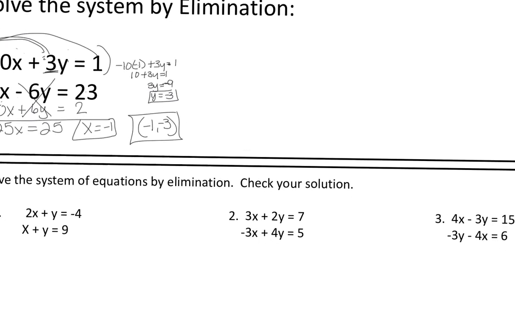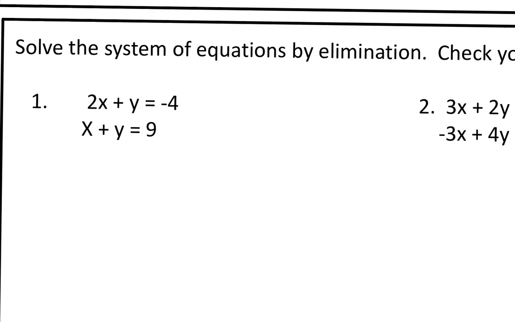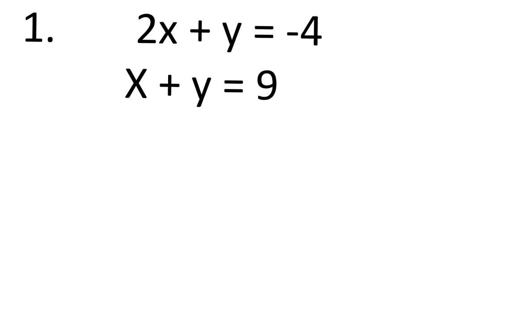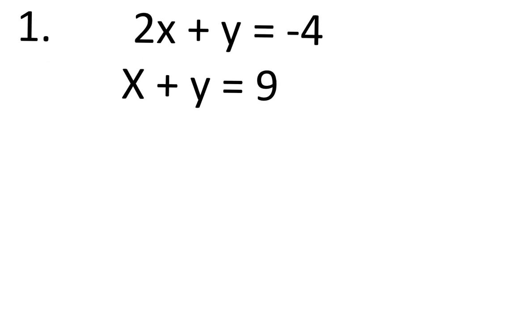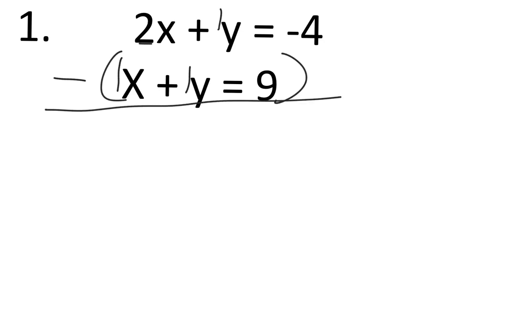So let's go now and look at number 1 here. All right. So I'm looking at my coefficients. I've got a 2x and a 1x. Then here I've got a plus 1 and a plus 1. Well, these y's, if one of them was a minus, would be good, right? So let's just do that. Let's just subtract. So if I do that, 2x minus 1x will give me x.